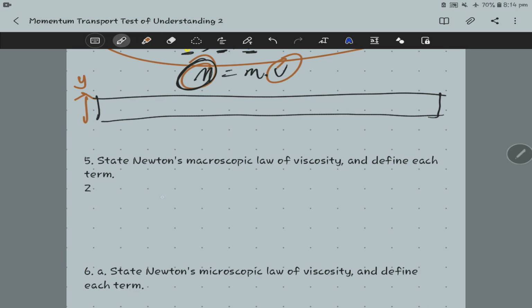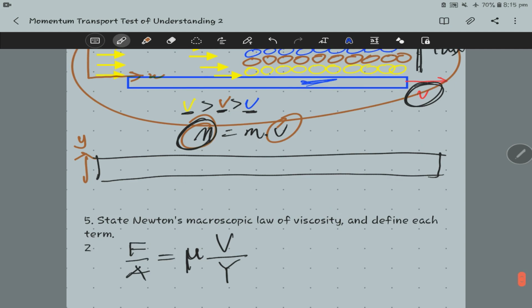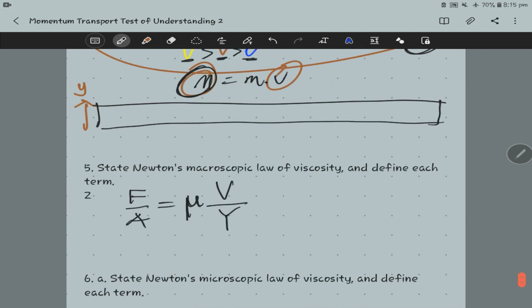That will mean that we have the cross-sectional area, then viscosity, then velocity, and then y, right? Based on this diagram, it could change depending on the coordinate system, but because we are talking about two plates here, this is the general one.